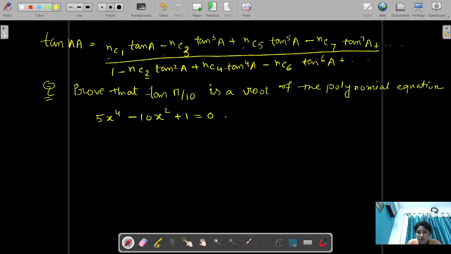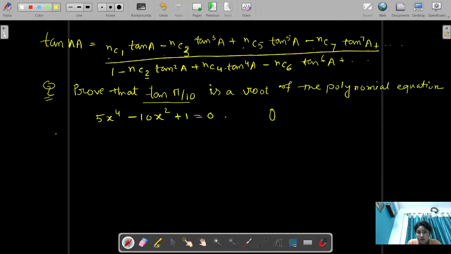Now I know some of you may ask me, ma'am, this is transcendental, how can you tell that this is a root of this equation? Sometimes it is algebraic too. It's not always that tan theta is transcendental. So in this case, let us take pi by 10.